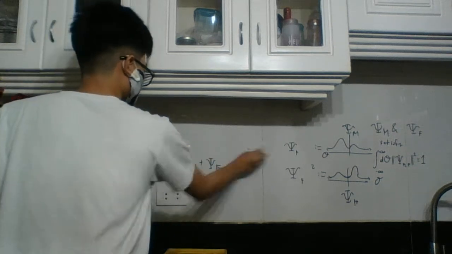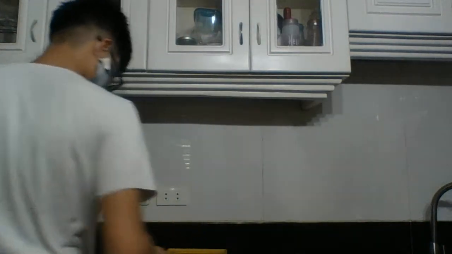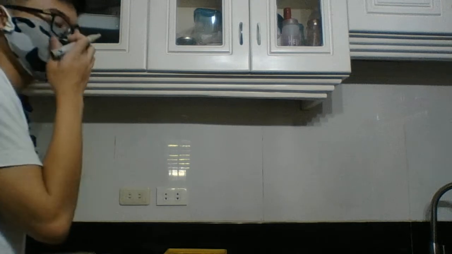Okay. So once we do open the door, the wave function collapses into something else. So the wave function is either psi F or psi M. And in fact, because we actually started making an observation, that's when we actually take the norm and then the square of the wave function.